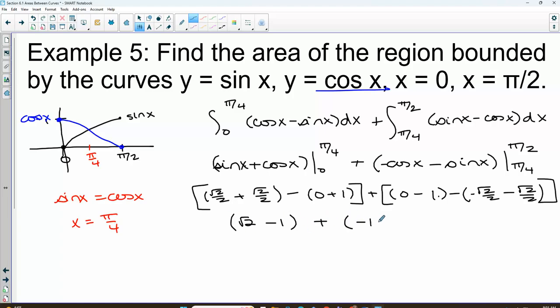And then I have negative 1 plus radical 2. Is that okay?